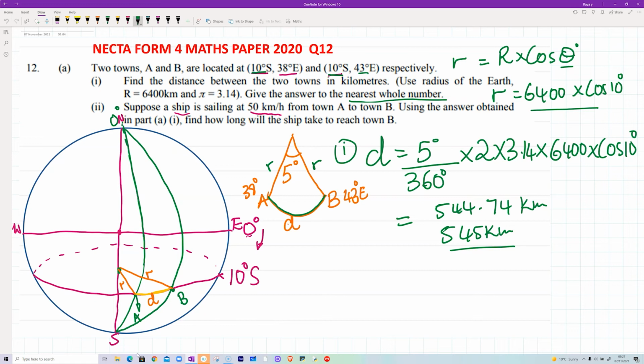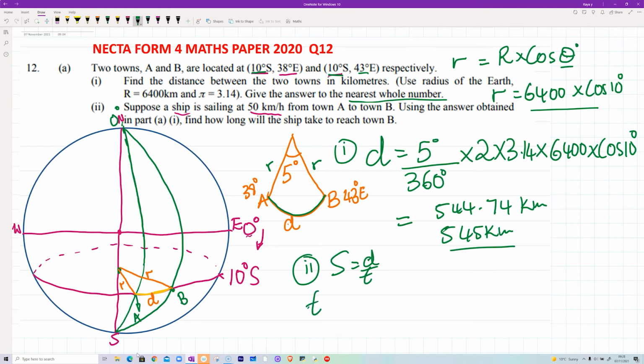Now for part 2, we are told this ship is sailing at 50 kilometers per hour from town A to town B. Find how long it will take. Well, how long means time, okay? So we know speed is equal to distance over time.